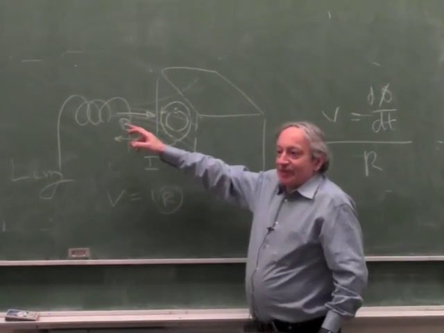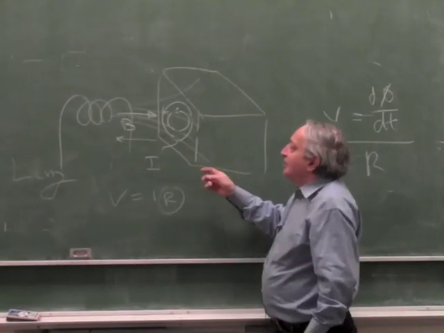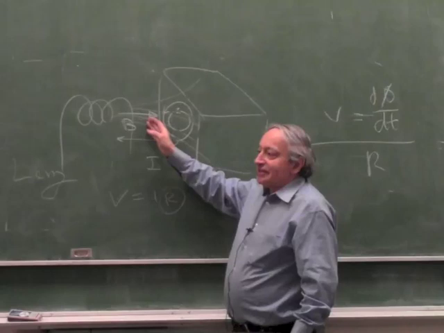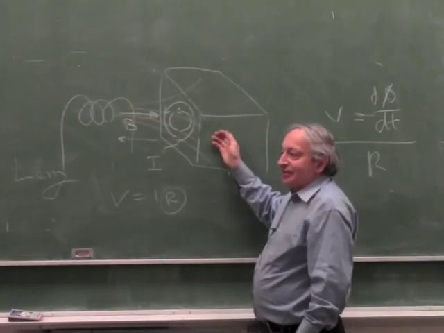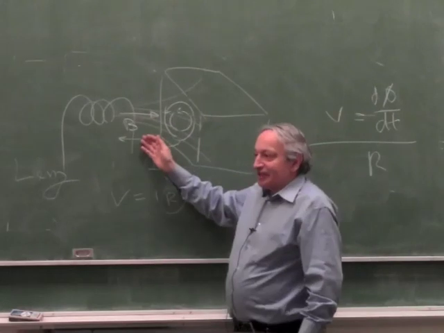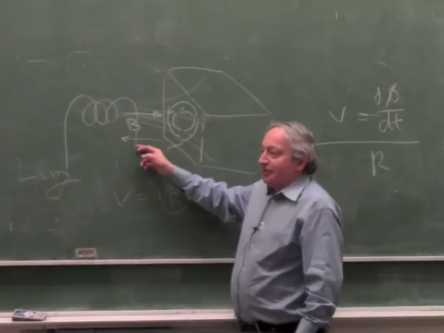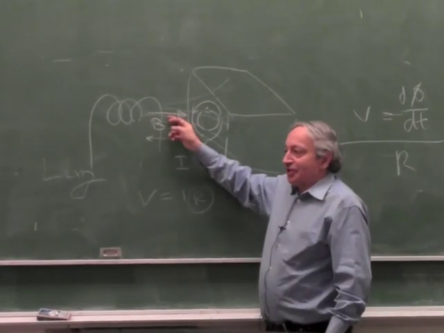However, if this was a perfect conductor, it would manage to completely cancel it out, and there would be no field inside. But because it's not a perfect conductor, it can't achieve full cancellation, and some of the field will go through, because the induced B will be a bit smaller than the original B.